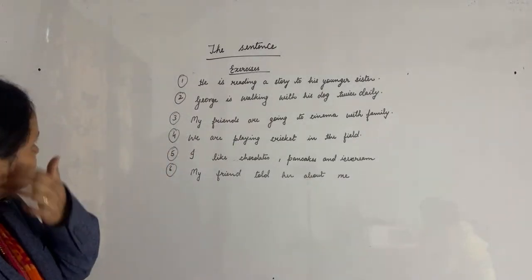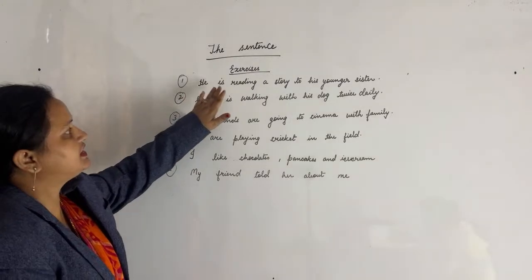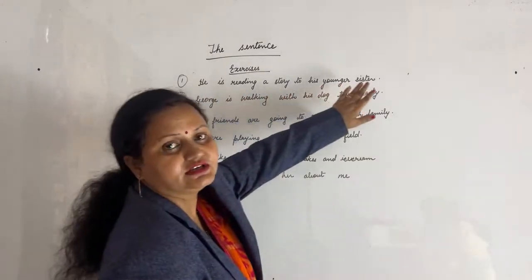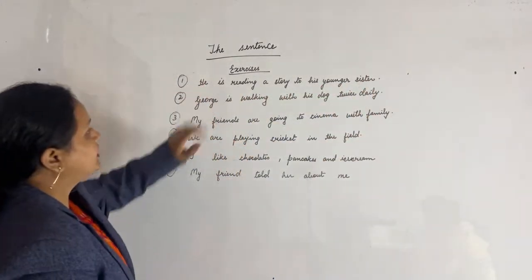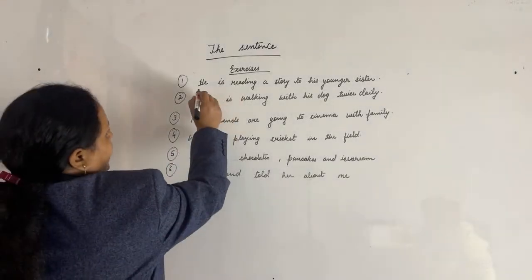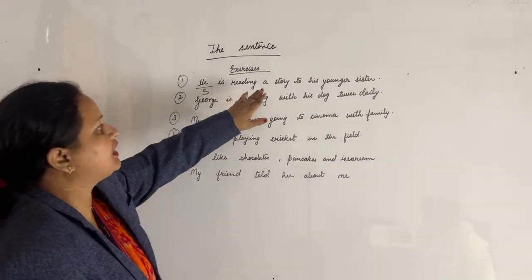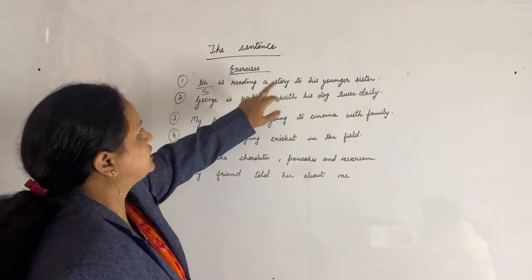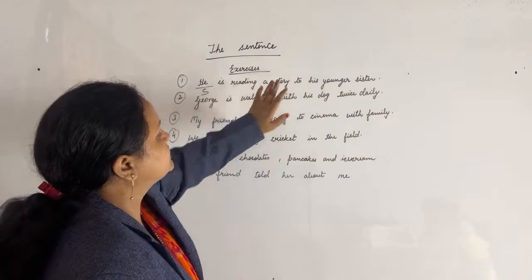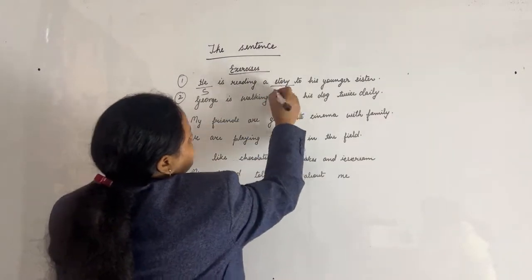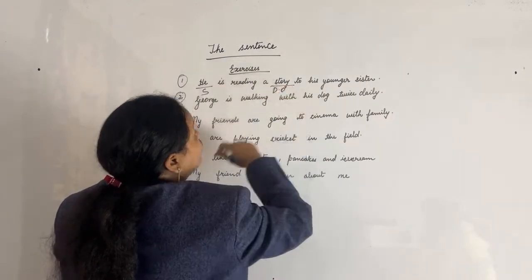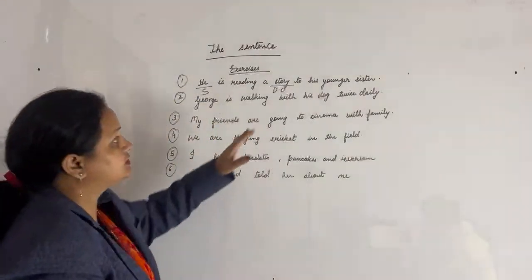Now see these sentences. The first one is: he is reading a story to his younger sister. He is doing the action, so he is subject. What is he reading? A story. So story is direct object, and for whom is he reading the story?